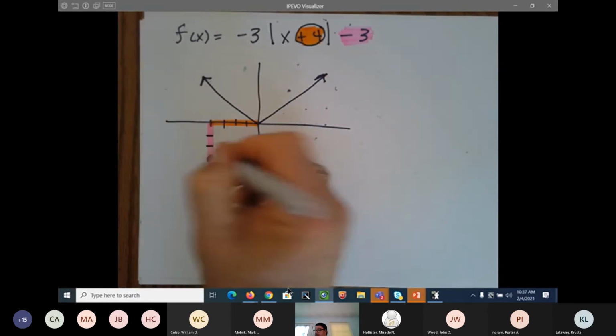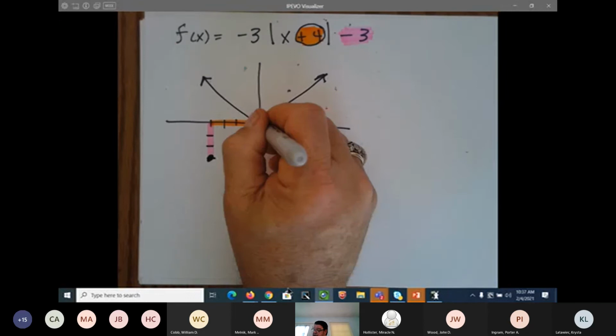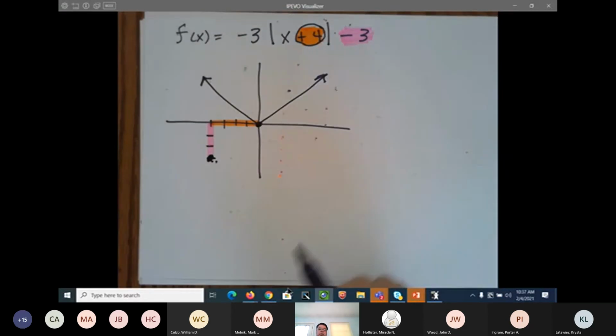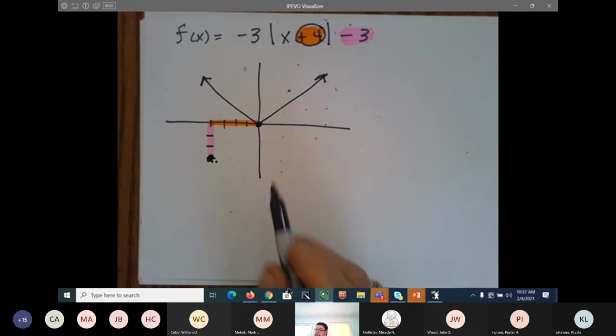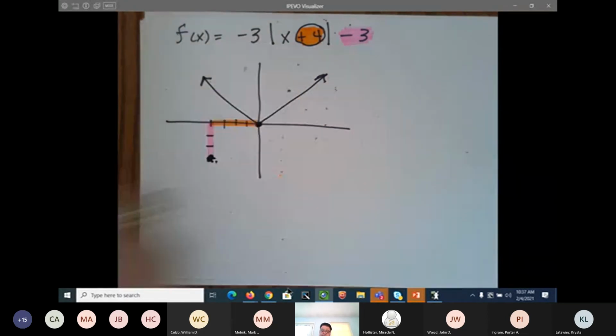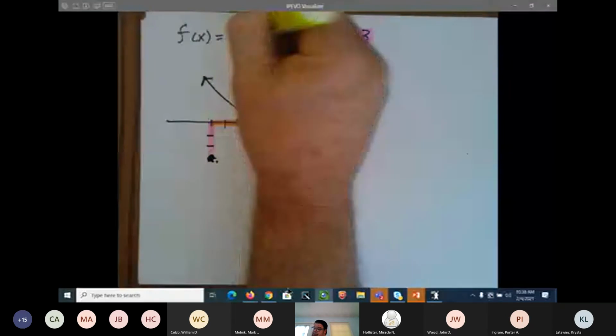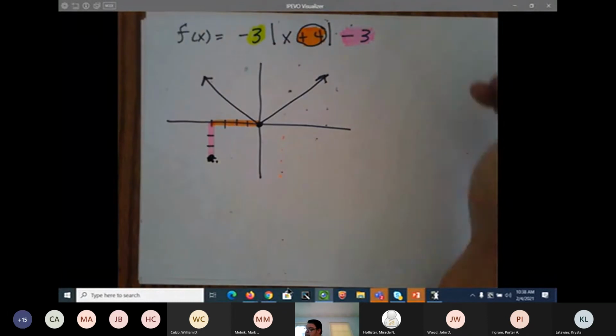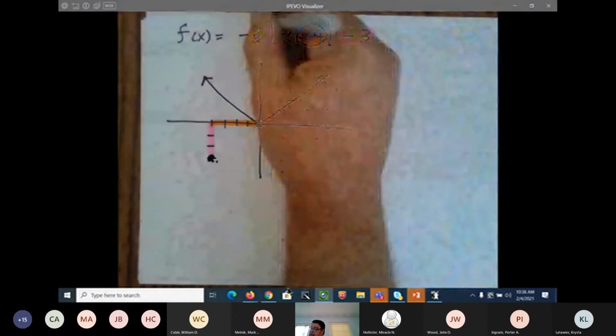Now we're not finished, because that vertex right here has been moved here. And now we're going to see what the 3 tells us. First of all, the 3, I'm going to do that in yellow. The 3 tells us it's going to be compressed along the x-axis. That 3 right there is in yellow.